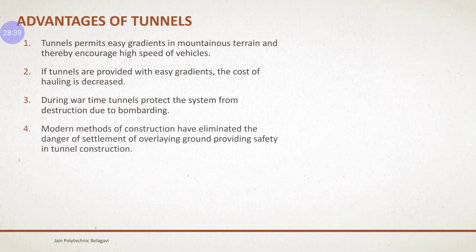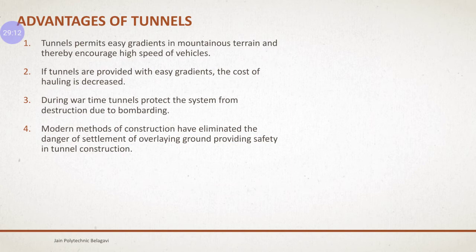Modern methods of construction have eliminated the danger of settlement of overlaying grounds, providing safety in tunnel construction. When you are excavating the soil from the mountains to construct a tunnel, previously the technology used was not of a higher level, and various techniques were not used to hold the soil above in its place.